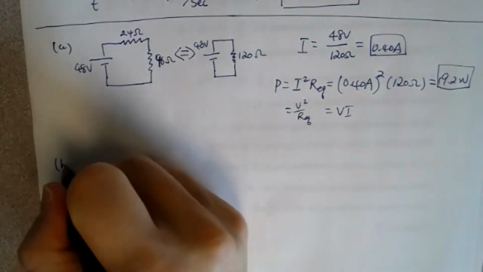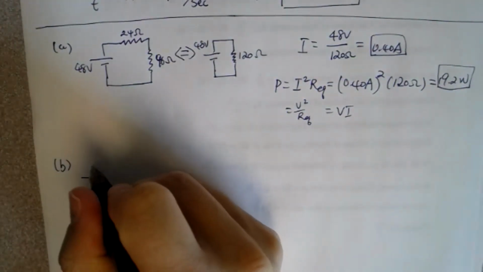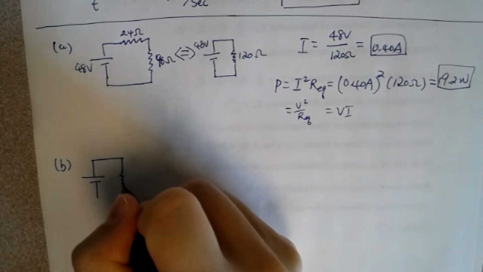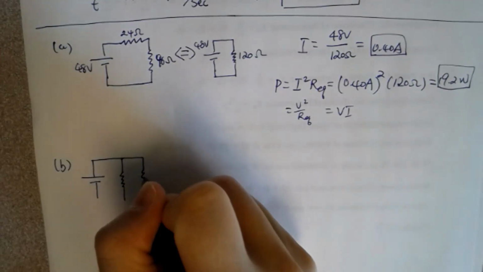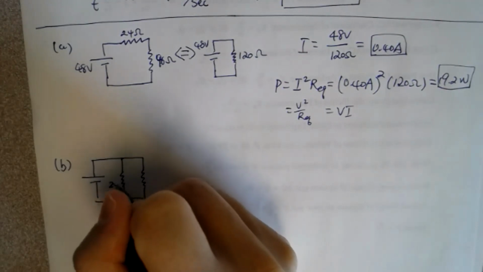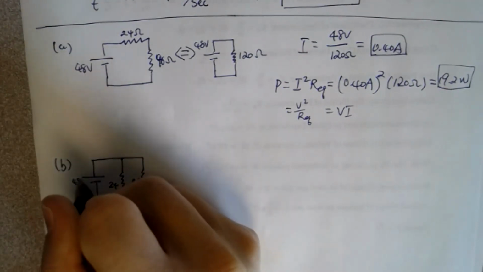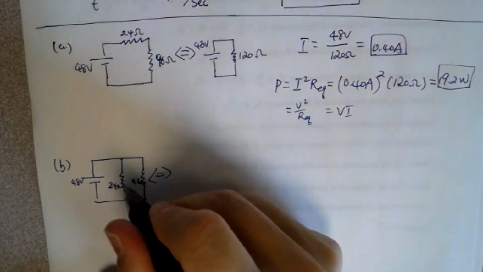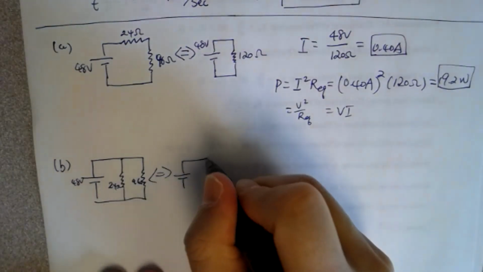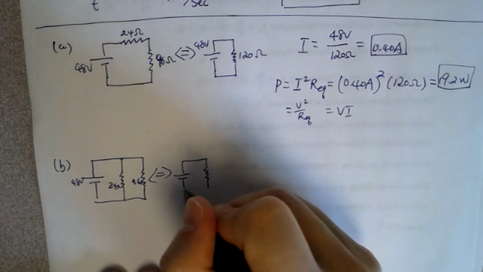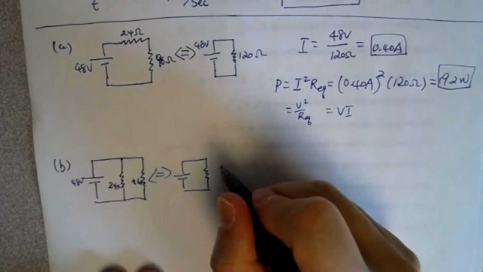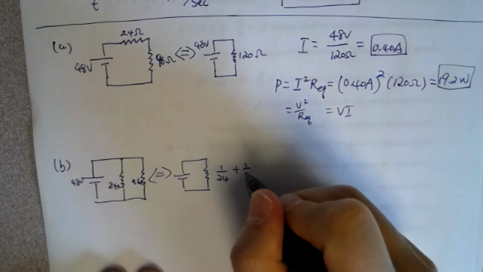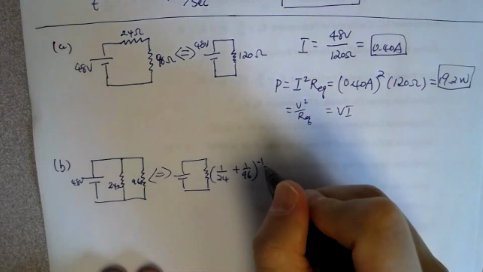Now part B, if they are in parallel, so then you have 1 and then 2 in parallel to each other. 24, 96, and then 48 volts. Both resistors in ohms. When they are in parallel, it's equivalent to just a single resistor. So that will be 1 over 24 plus 1 over 96, and then inverse.